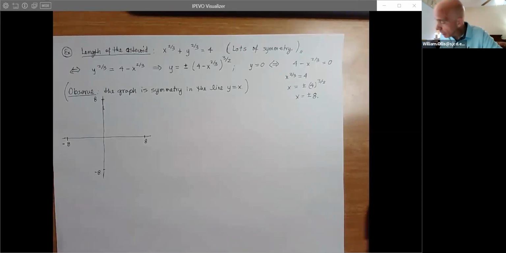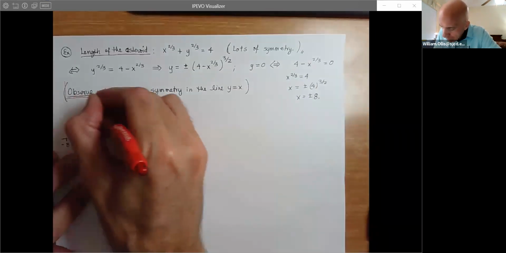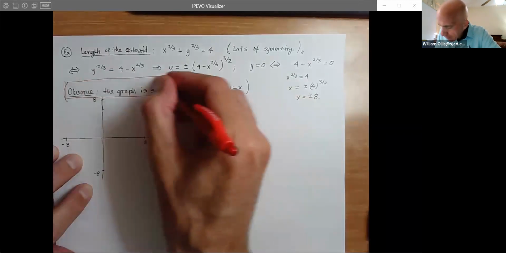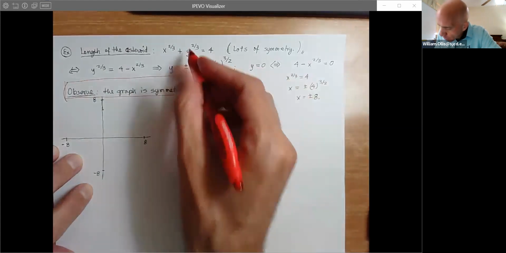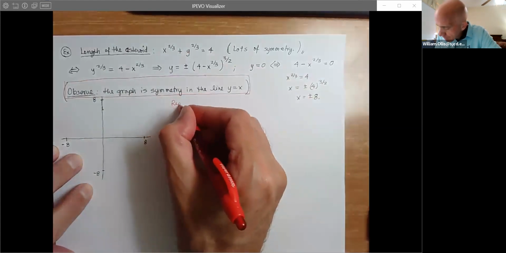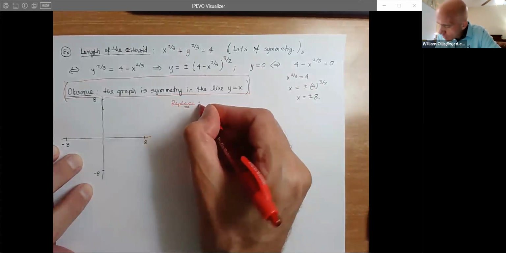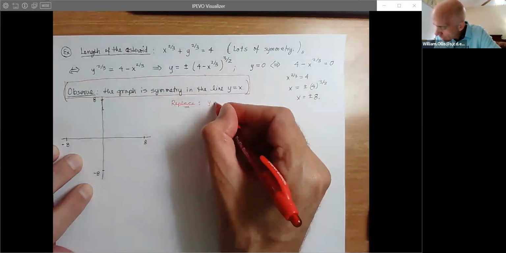Oh, okay, here we go. This is what I want to say. Take this here, and replace y with x. I do these in my head, and then I'm thinking I've got to tell my students what I actually did.